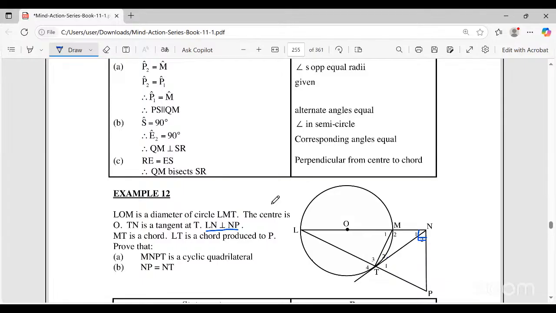Mr. Ethan, any idea? Supplementary angles N1 and N2 plus T1 and T2 must be 180 because of supplementary angles or cyclic quad. Okay, but before that, this is already 90, given. Why are you saying this is 90?